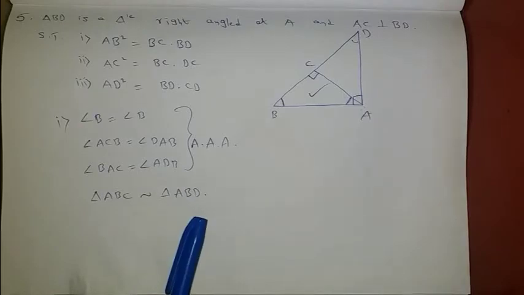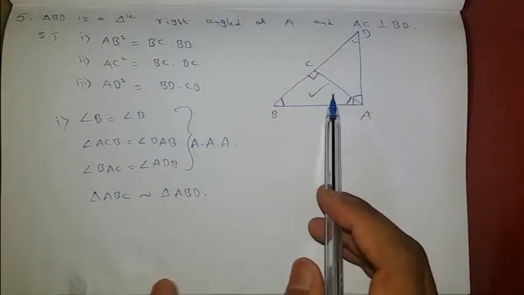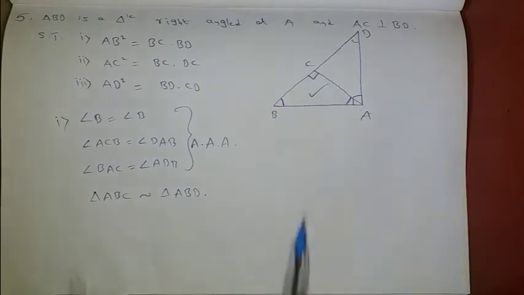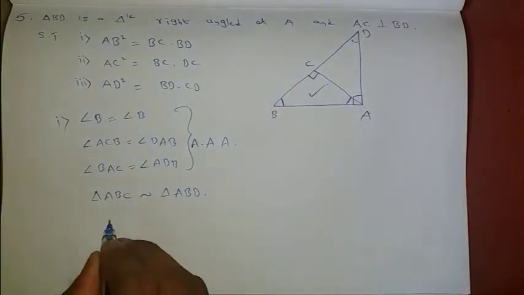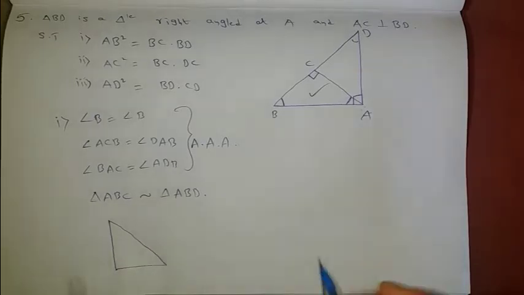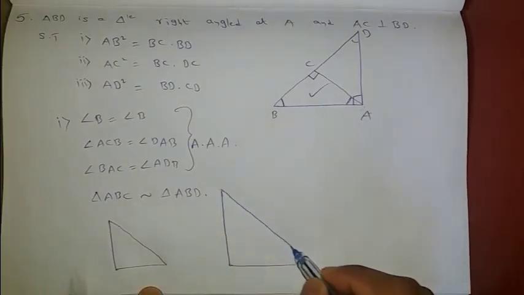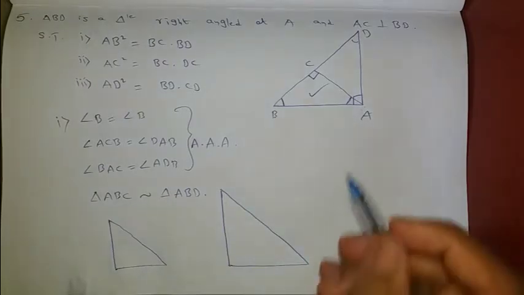Now we got two triangles that are similar to each other. If two triangles are similar, the corresponding sides will be in the same ratio. So now I will draw the lower figure as well as the total figure separately. Okay, let us check once.